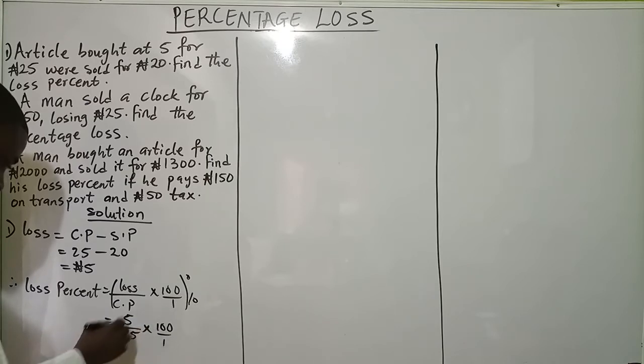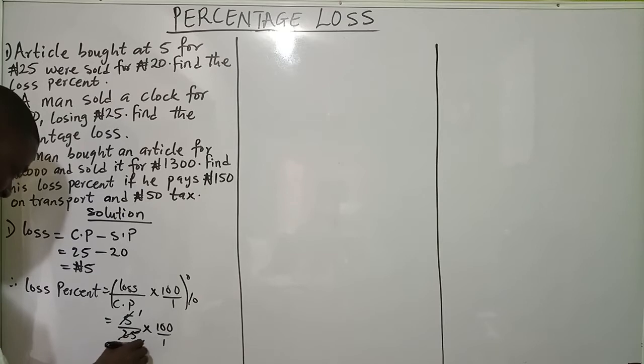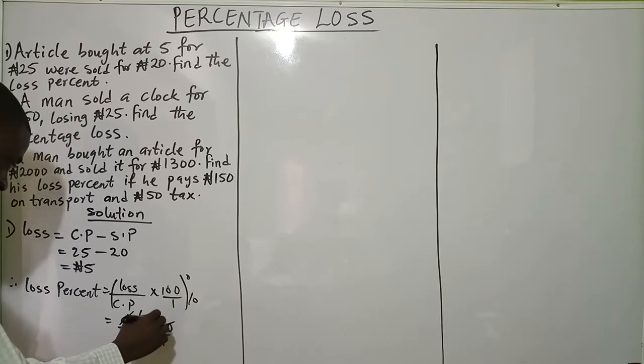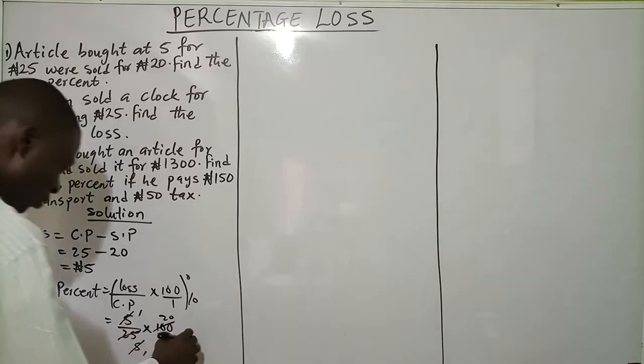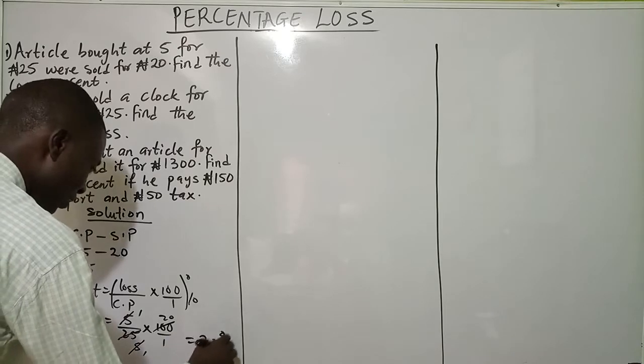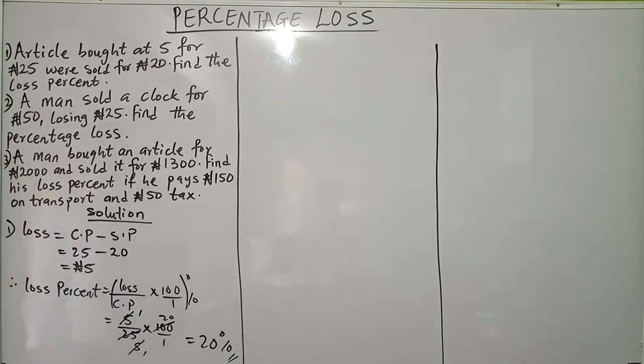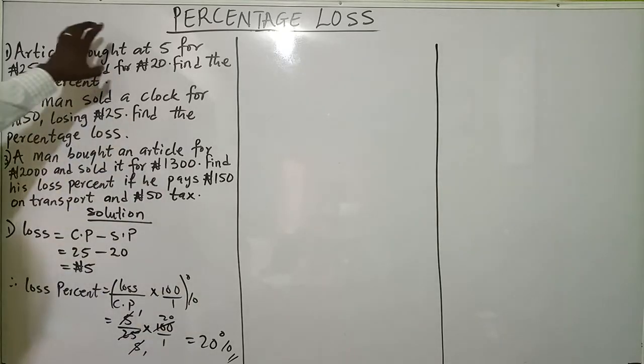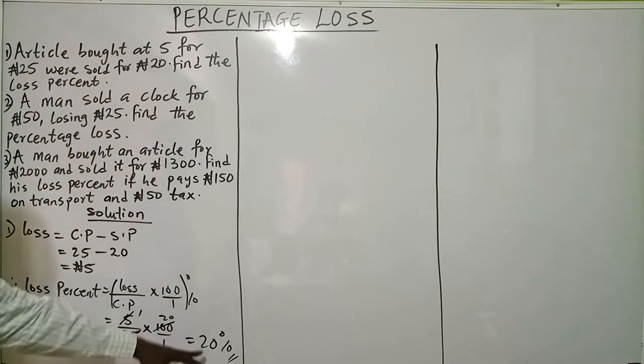So this can go now. 5 in 25 is 5, 5 here is 1, 5 in 100 is 20, which equals 20% loss.